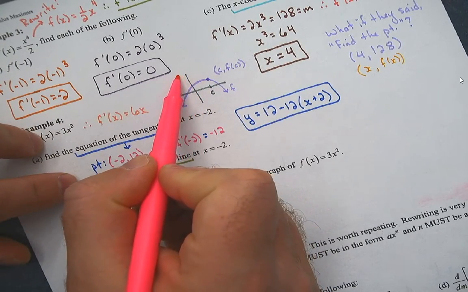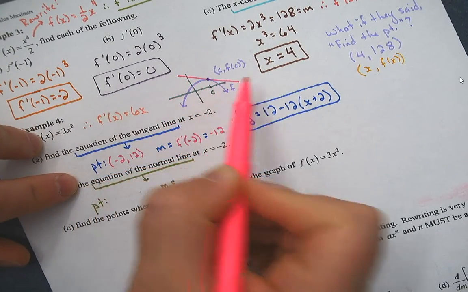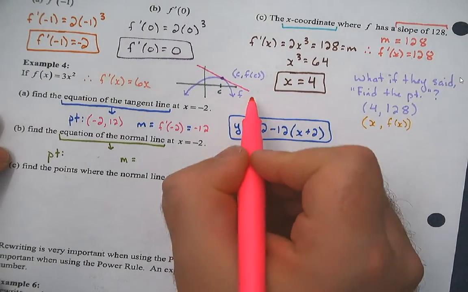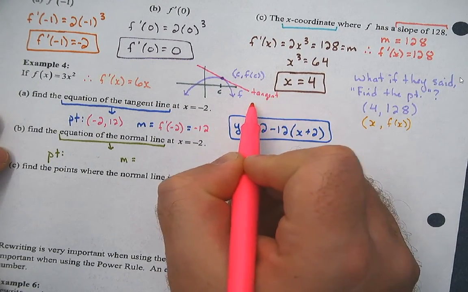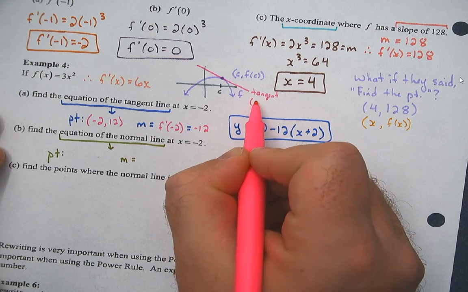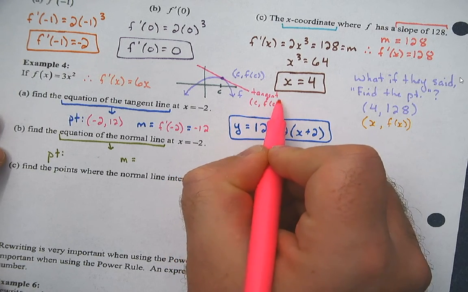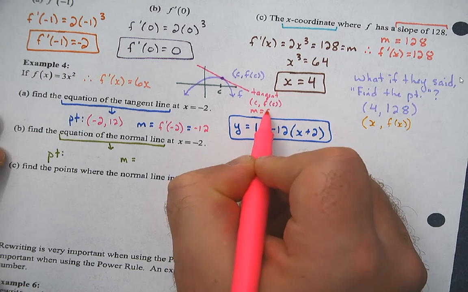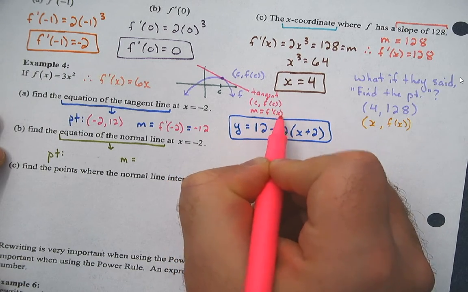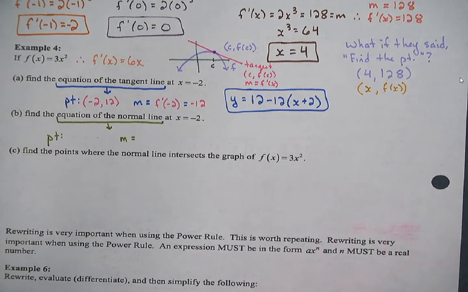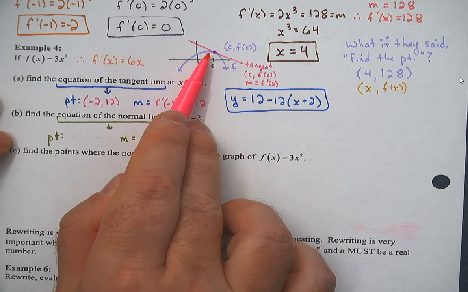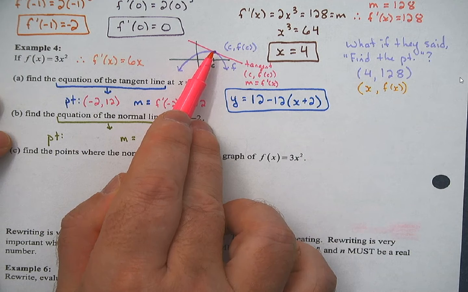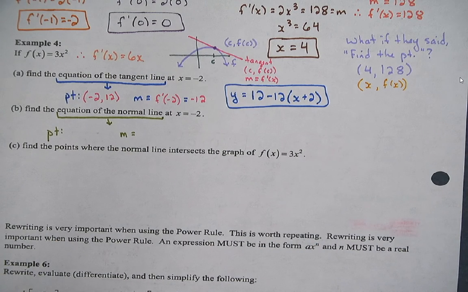The tangent line has the same point, C F of C, and its slope is the derivative. The way that line is curved, the slope of this line is exactly the same rate at which the function f is changing at that value.